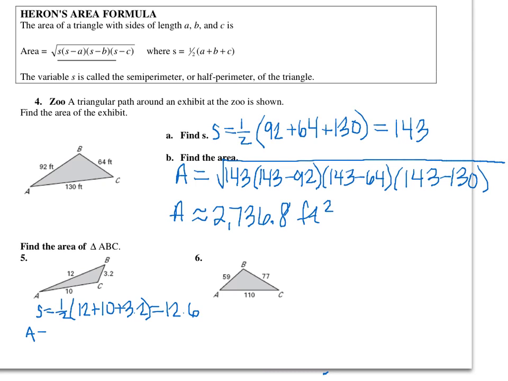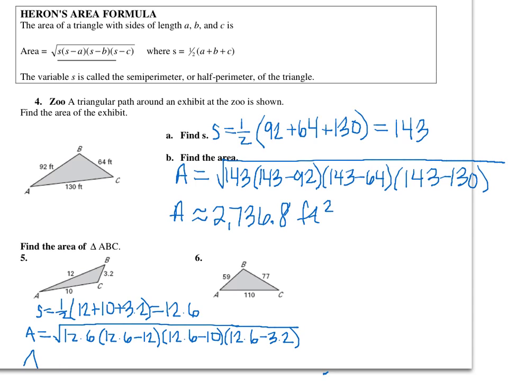So area equals, we're going to do the square root of our semi-perimeter, so 12.6, and then we do times the difference between our semi-perimeter and each side. So times 12.6 minus 12 times 12.6 minus 10 times 12.6 minus 3.2. So put that into your calculator. You should get the area is about equal to 13.6.